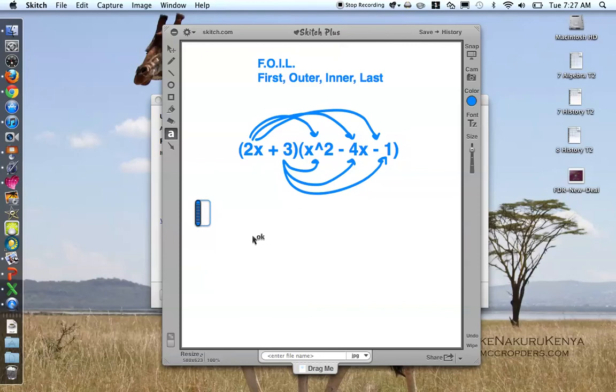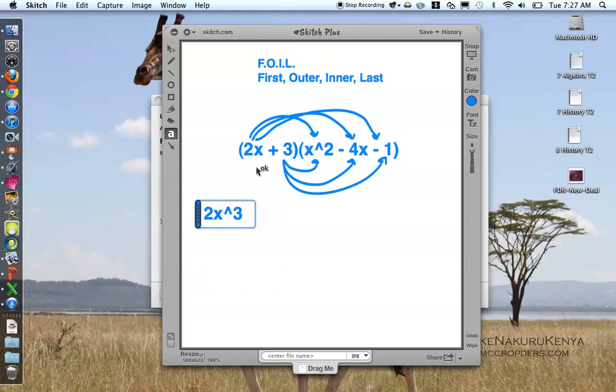So here we go. 2x times x squared, that's the first one that we want to do. That is going to be 2 times 1, that's 2, and 2x times an x squared is going to change the exponent for the x term. You have 1x here, 2x's here, so you have 3 x's. So the final answer is 2x cubed. Okay? And then we do the 2x times negative 4x, that's the second term.